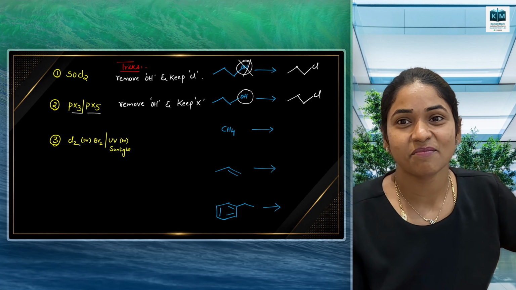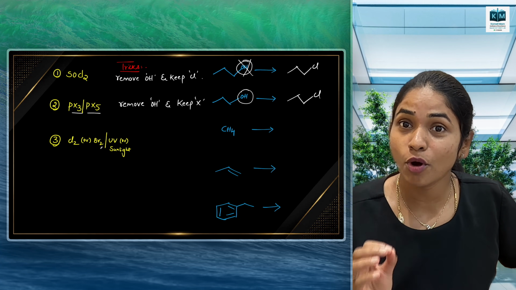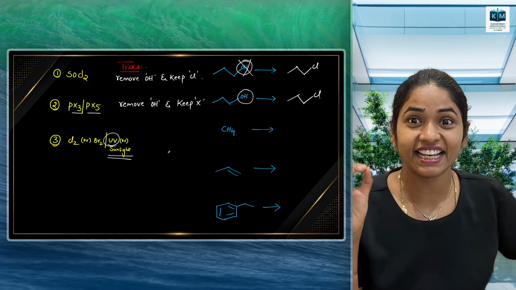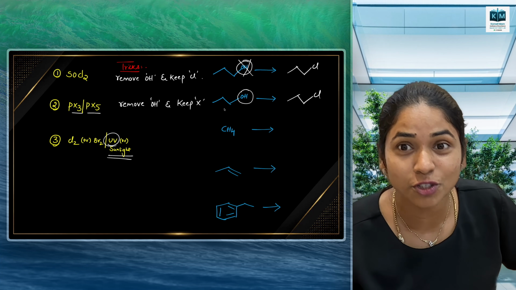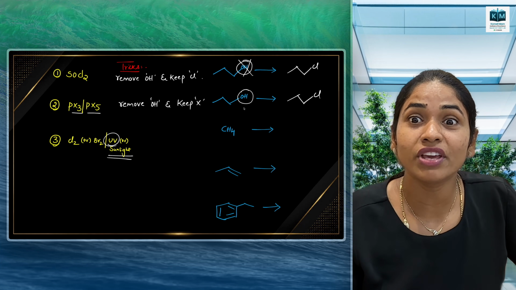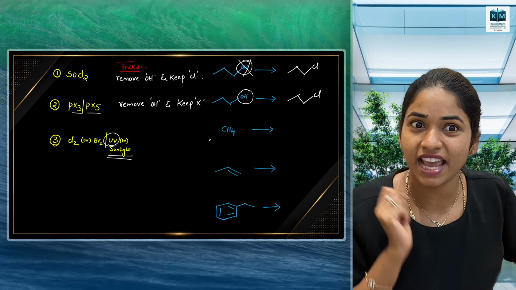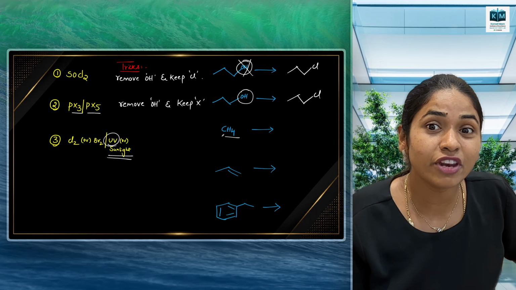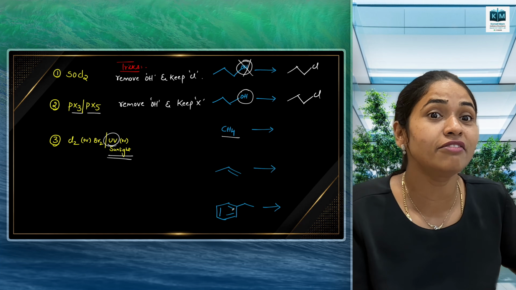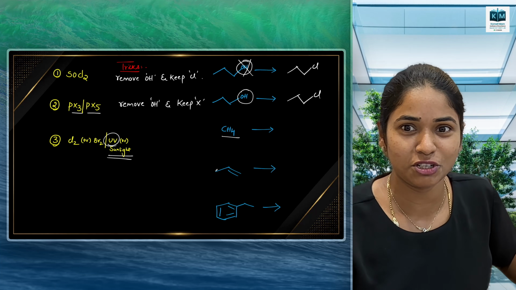Reagent number 3. Chlorine or bromine in the presence of UV light or sunlight. In the presence of UV or sunlight, 3 types of reactions will happen. One is free radical substitution, one is allylic substitution, one more is benzylic substitution.